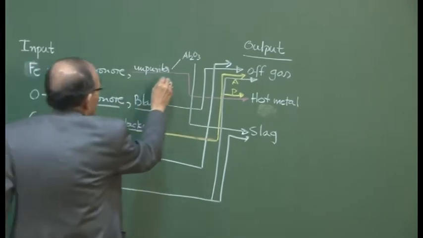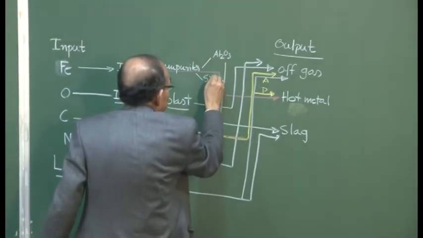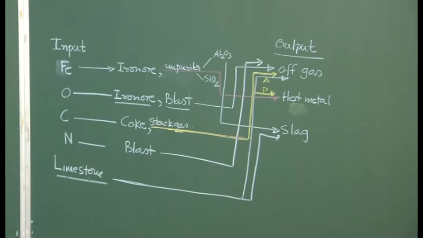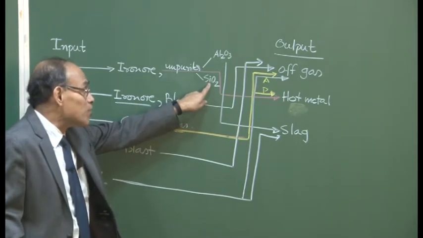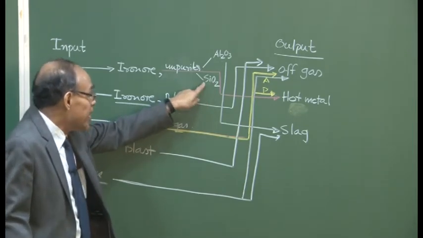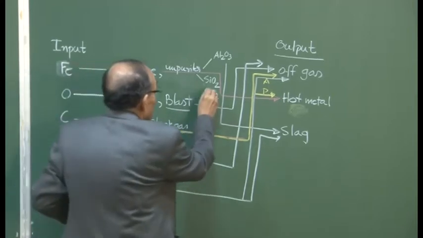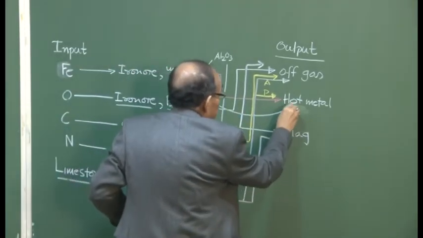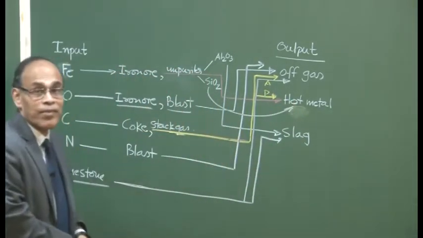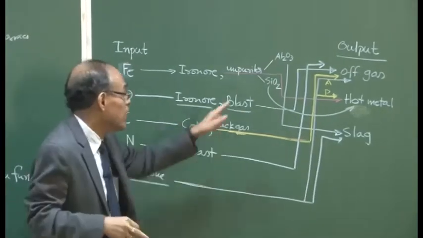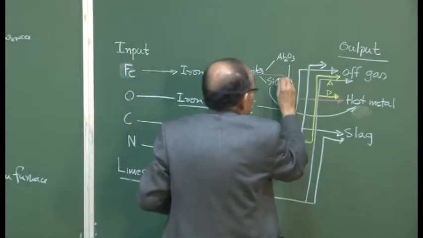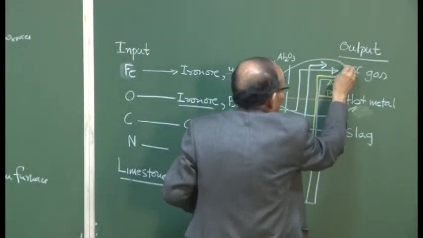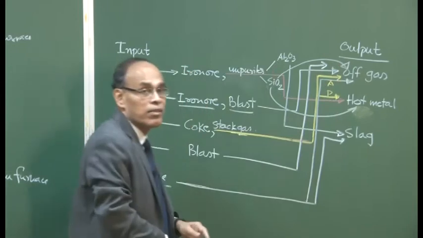Now you consider that the impurity contains silica. And silica undergoes dissociation. So, the part of the silica which gets reduced is going to be manifesting in the hot metal itself. That is reduced, and as a result of reduction, oxygen has been liberated, which is combined with carbon monoxide. So that oxygen is going to go into the top phase itself.